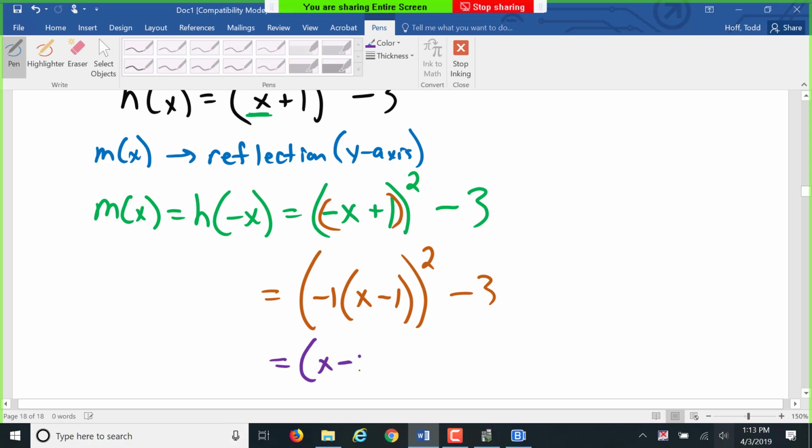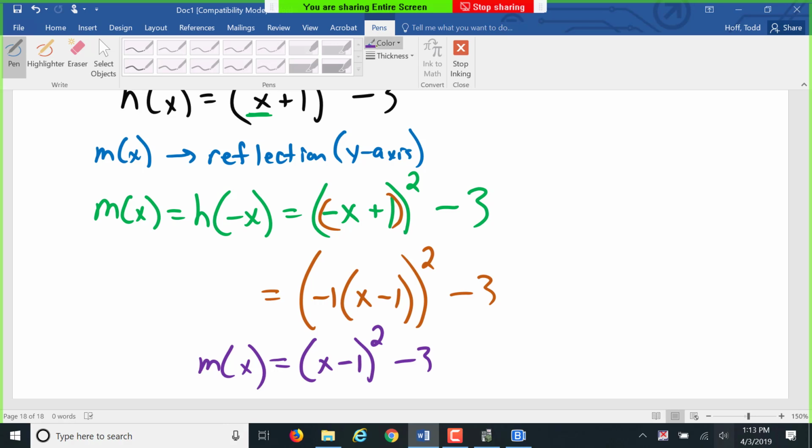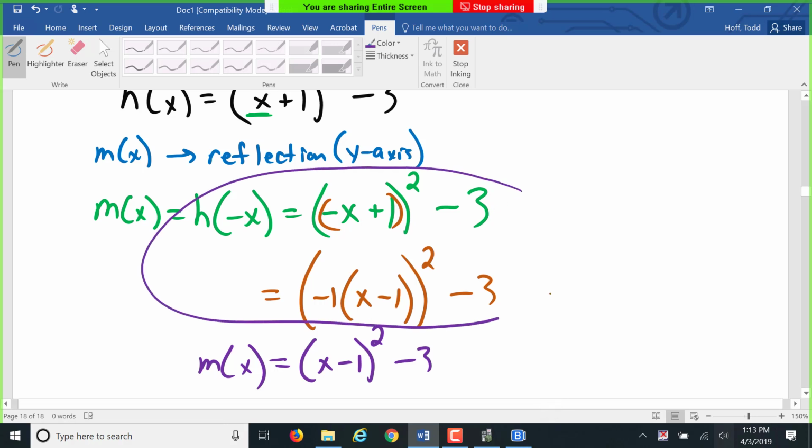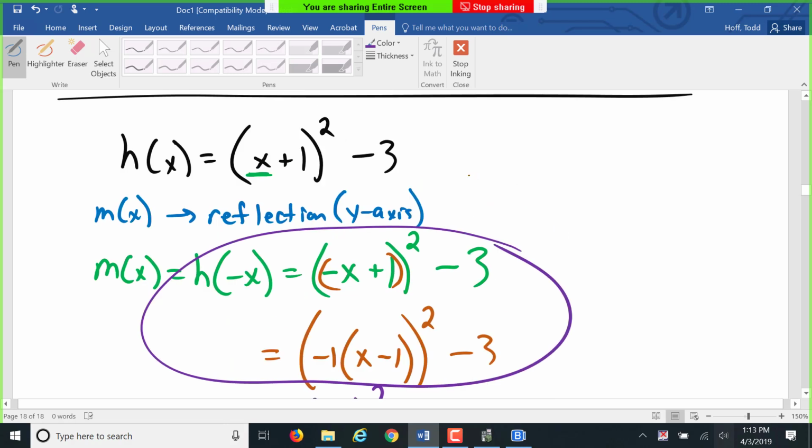So this is just going to be (x minus 1) squared minus 3. Does that make sense? Realistically, I didn't have to go through all of this work here. I just have to realize that when I reflect about the y-axis, whatever this is, I change it from a plus 1 to a negative 1.